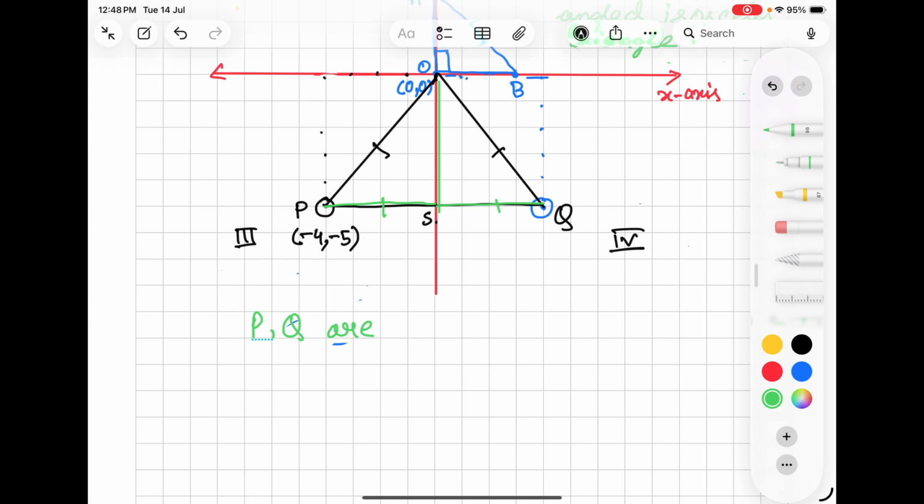P and Q are mirror images of each other.